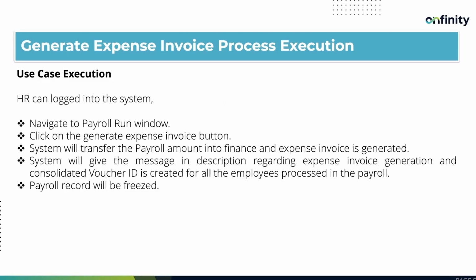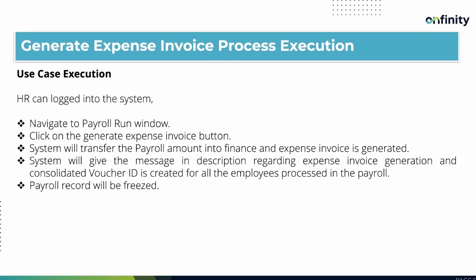At the user execution part, HR needs to log into the system and navigate to the payroll run window. Select the specific payroll run record that has been completed and verified. Then, the user will click on the Generate Expense Invoice button on that record. Then the system will transfer the total payroll amount into the finance module, and the expense invoice is generated.